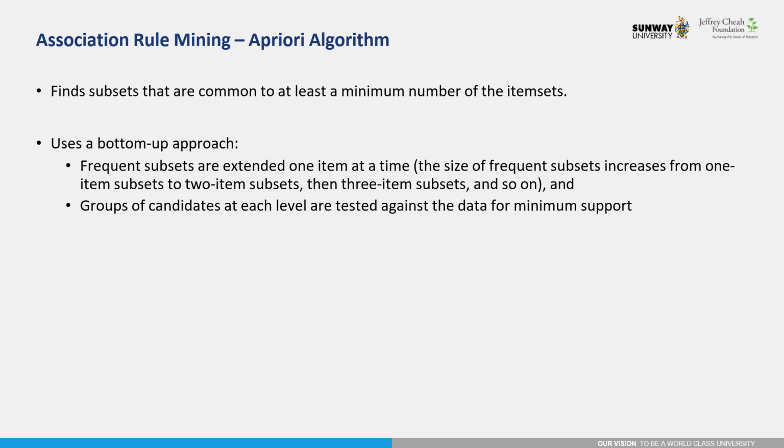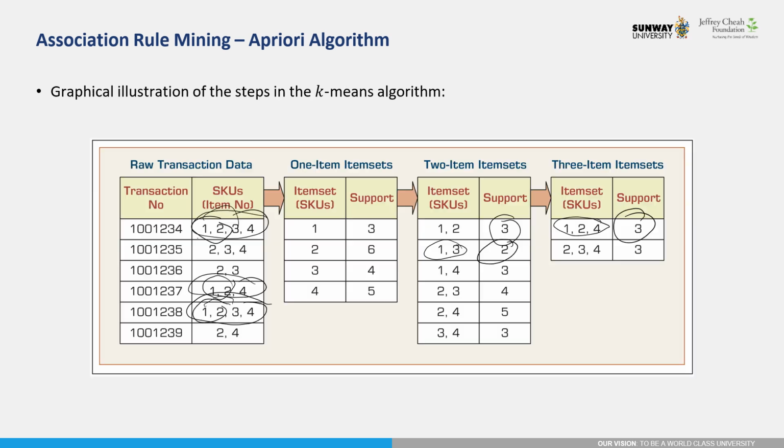So the size of the frequent subset increases from a one item subset to a two item subset, then a three item subset, and so on. In this way, you can carry on with your data process. Groups of candidates at each level are tested against the data for minimum support.